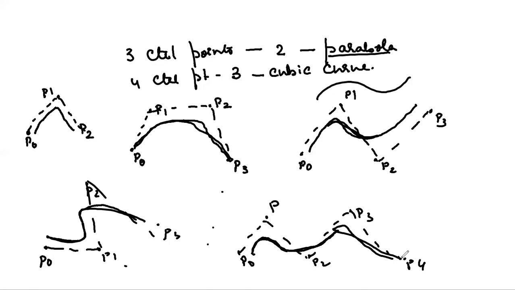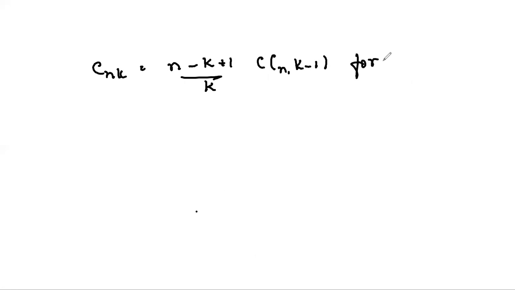So recursive calculations can be used to obtain successive binomial coefficient values. For example, C of n,k can be written as (n minus k plus 1) divided by k times C of n,k minus 1, for n greater than or equal to k.